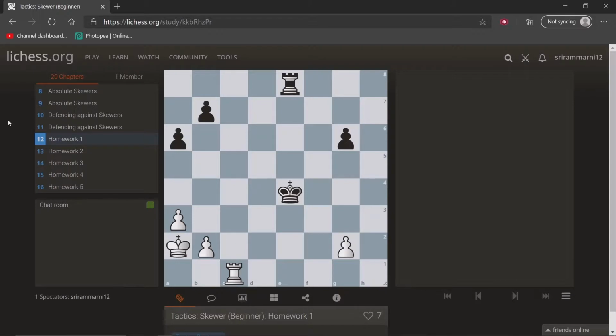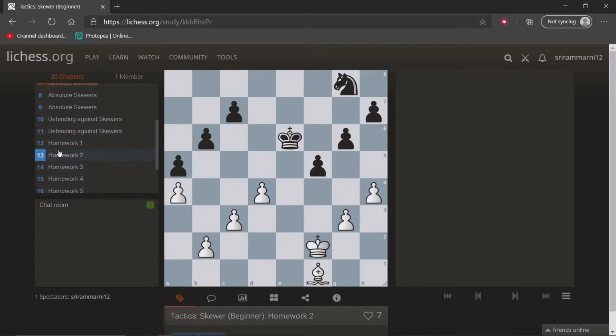So let's see the first homework position. I'll leave this up for a couple seconds. All right, let's go to the second one. I'll leave this one too for a couple seconds.